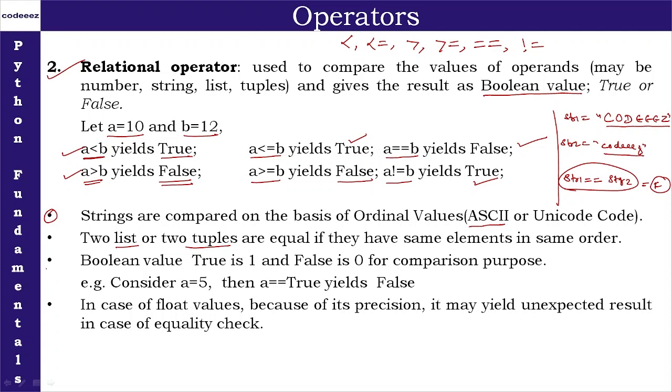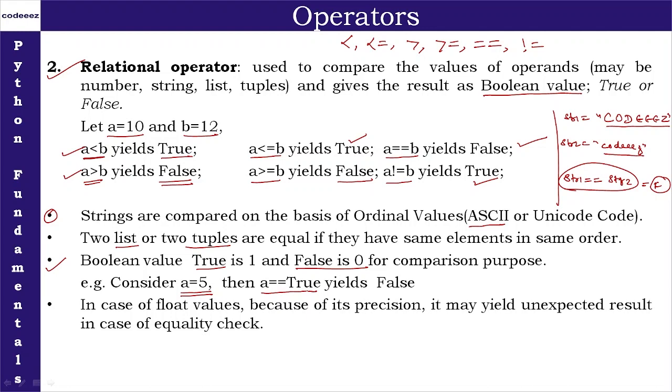Now another case is about Boolean values, right? The true Boolean value is represented by 1 and the false Boolean value is represented by 0 for comparison purposes. You can check it with an example. Suppose I have written a equals 5, and now I am making an equality check whether a is double equals to True.